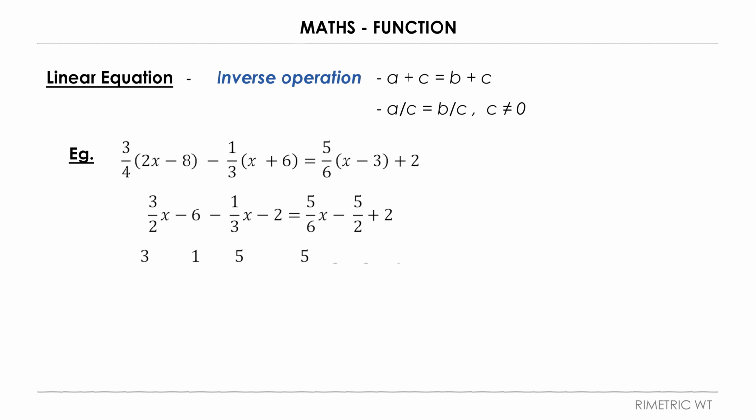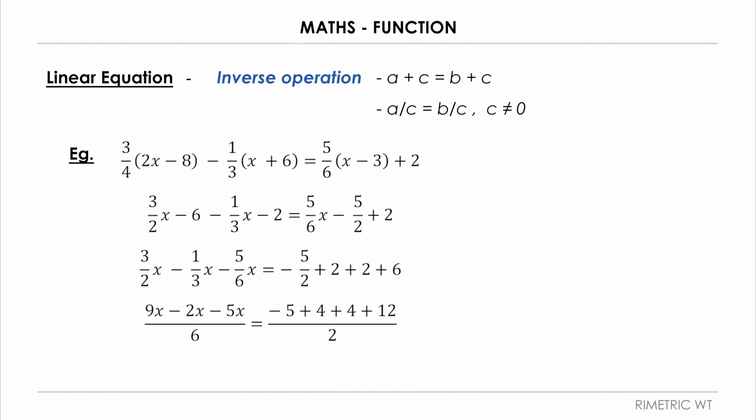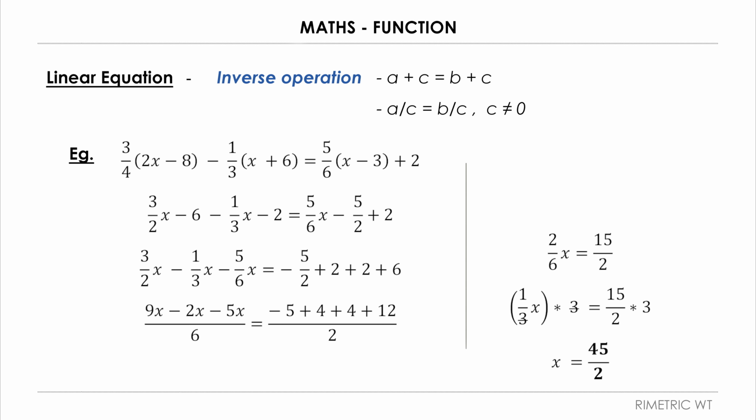When we do that, we'll have 3 over 2 x minus x over 3 minus 5 over 6 x equal to minus 5 over 2 plus 2 plus 2 plus 6. When we do the arithmetic addition and subtraction by finding the LCM for each side, we'll find 45 over 2 for an answer. Therefore, the solution set will be a set containing 45 over 2, or 22.5.